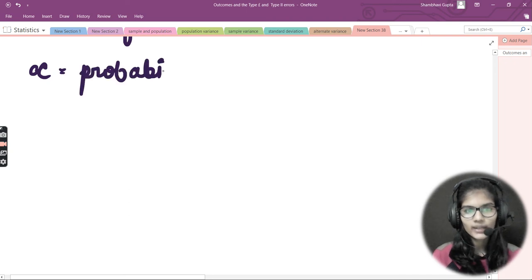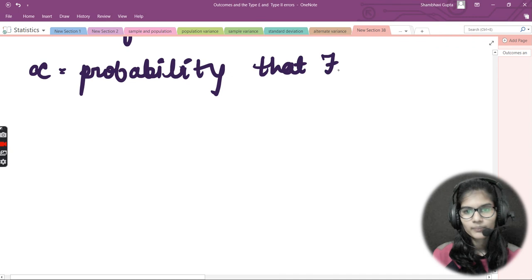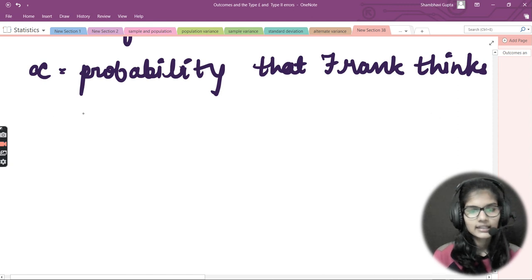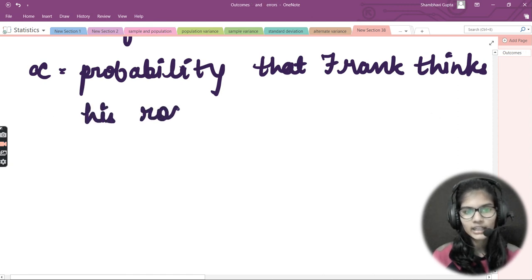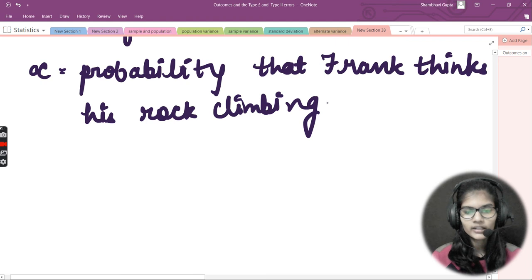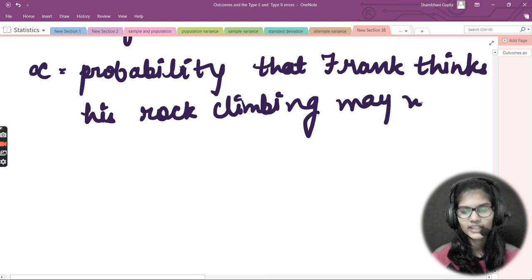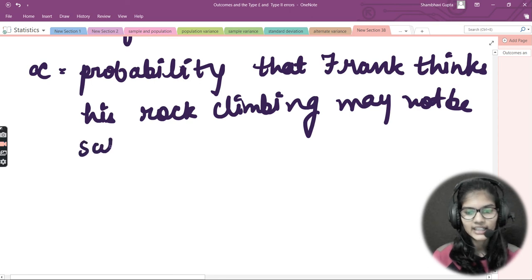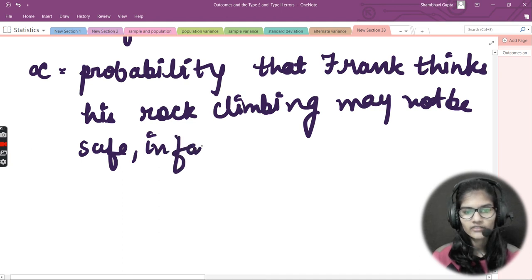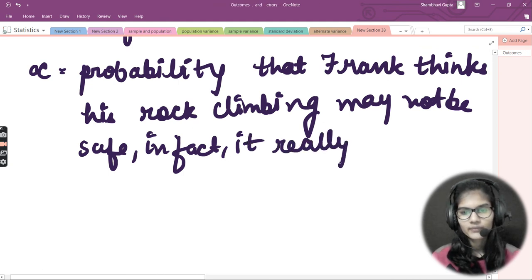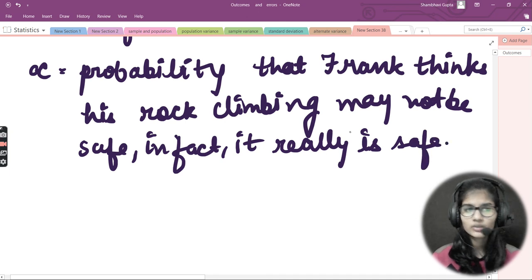My alpha is the probability that Frank thinks his rock climbing equipment may not be safe, when in fact it really is safe. Okay, so this is my alpha.